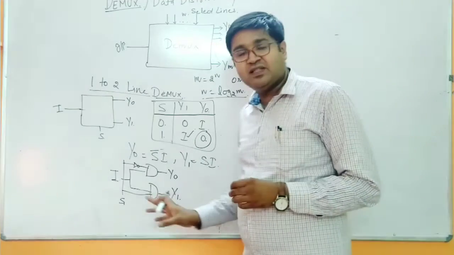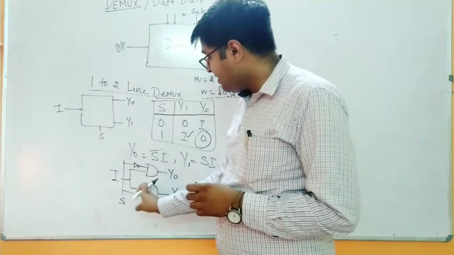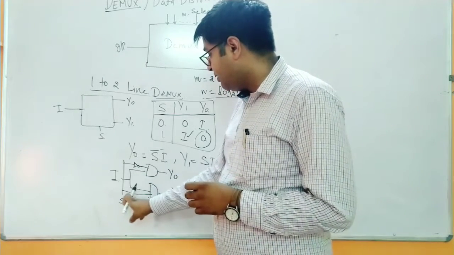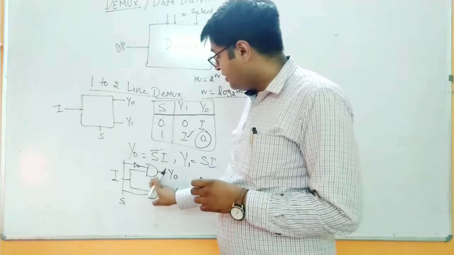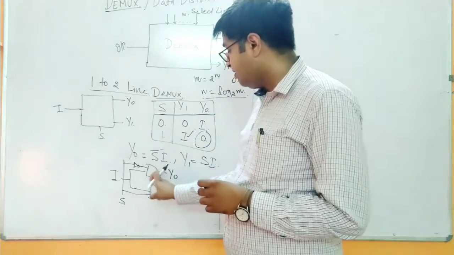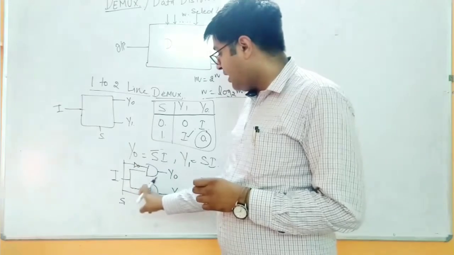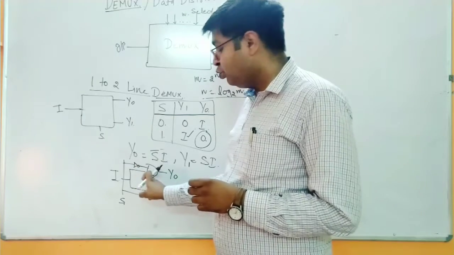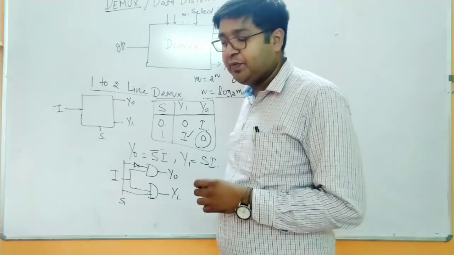To implement this logic, you have this very basic circuit. S is given to one AND gate directly and to the other in inverted form, and I is given to both the gates. Outputs y0 and y1 will be provided.